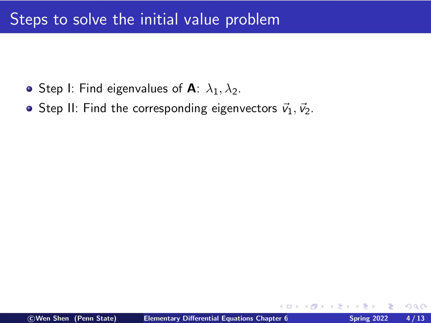Now step 2, we need to find the corresponding eigenvectors. Let's call them v1 bar and v2 bar. Now using these two eigenpairs, we can form two solutions, where z1 is e to the lambda 1 t times v1, which we just showed is a solution, and z2 is e to the lambda 2 t and v2.